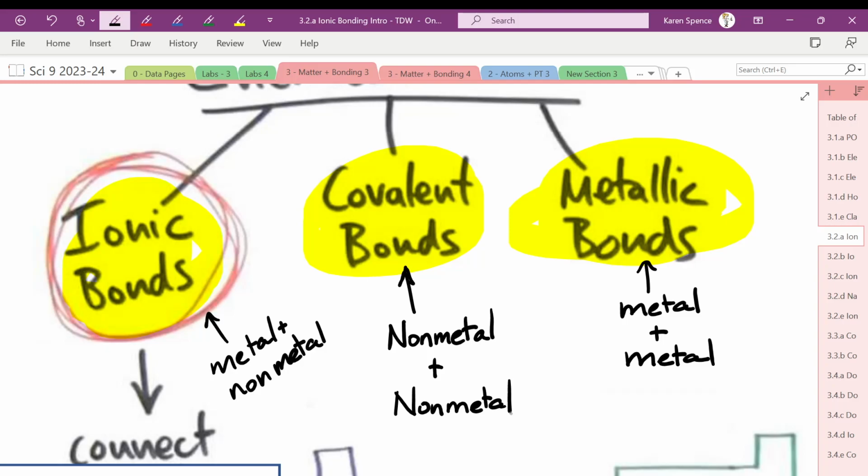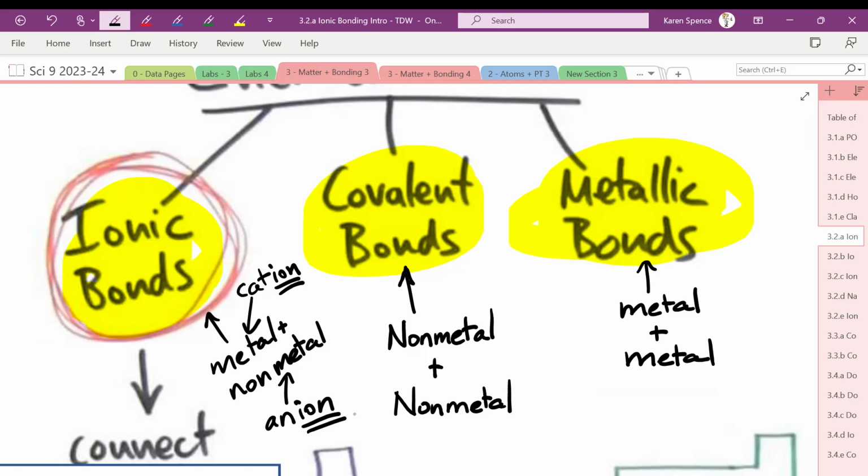Now, guess what? Not just any old metal, but the metal is a cation. And the non-metal is an anion. So ionic bonds form between, guess what? Ions. Yes?